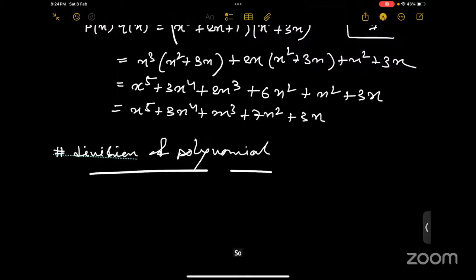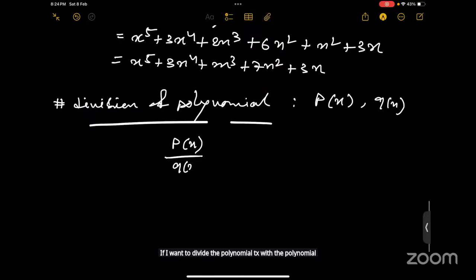So again, if we have two polynomials p(x) and q(x), if I want to divide the polynomial p(x) with the polynomial q(x), okay, so sometimes we may get a polynomial, sometimes p may not be divisible by q, right? So you have a q(x) plus r(x).